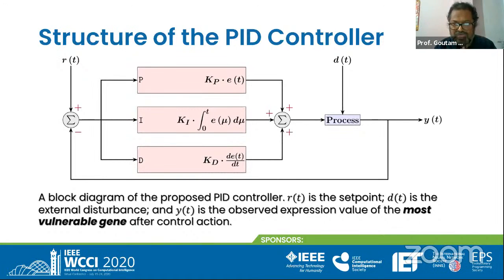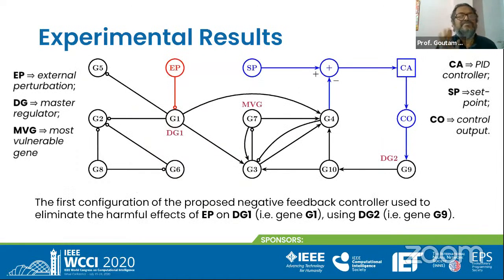Now, let me come to the pictorial view, how I am doing it in the actual scenario. See here, very interesting. This is a network, an experimental network. We have done experimentation on it. See here, external perturbation.